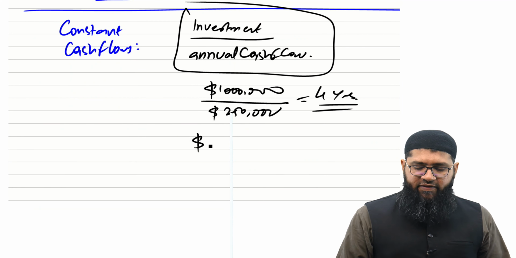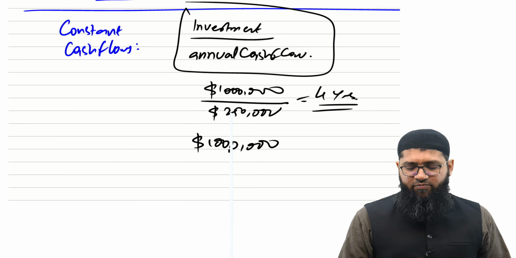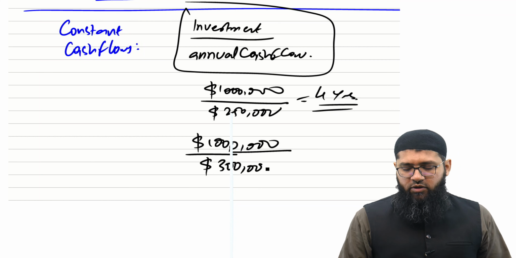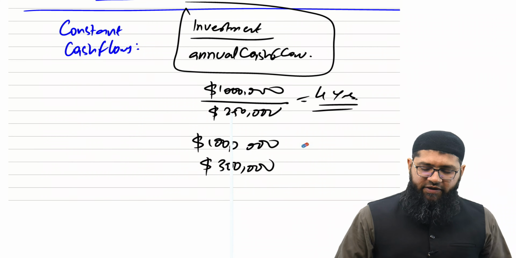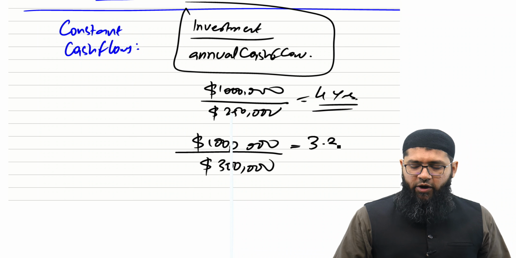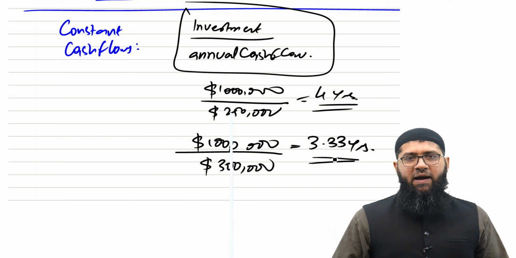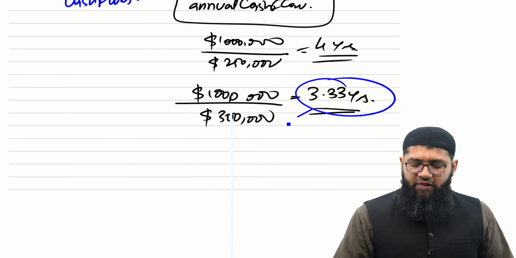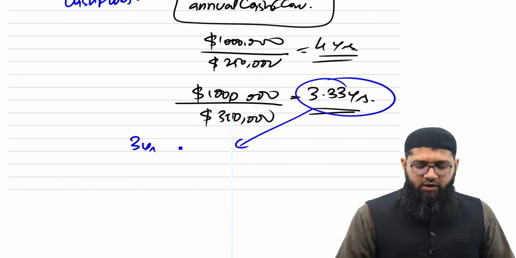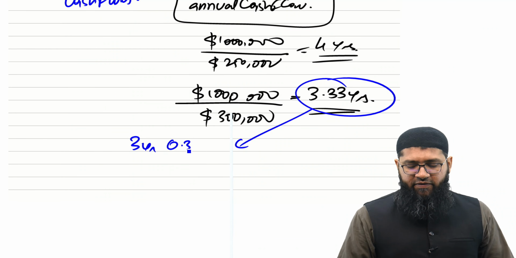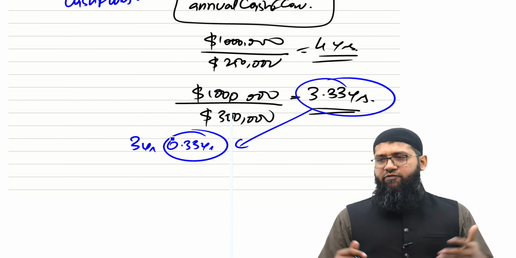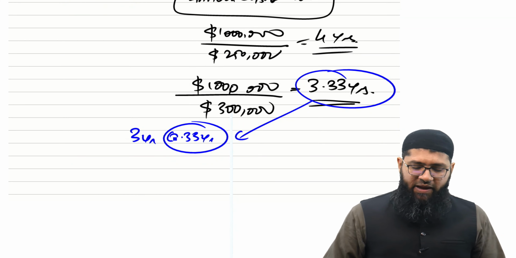It could also be that you've got 1 million as the investment and your annual cash flows are 300,000. Then you would get 3.33 years as your payback period. That is 3 years, and 0.33 year can be converted into months or weeks.